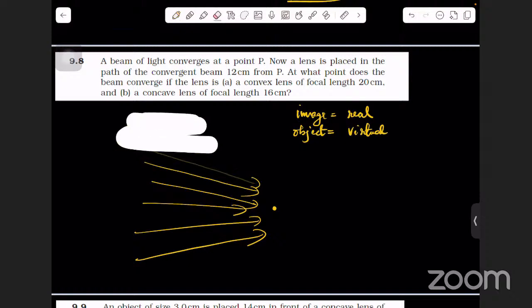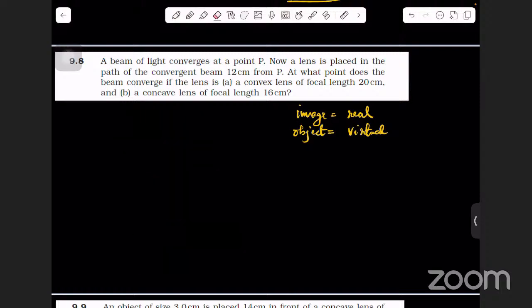So we assume that the object is a virtual object. If the object is a virtual object, here the object distance is given as 12 centimeters, because we keep the lens 12 centimeters from P. So we have to assume that the object distance would be plus 12 centimeters, as it's a virtual object.